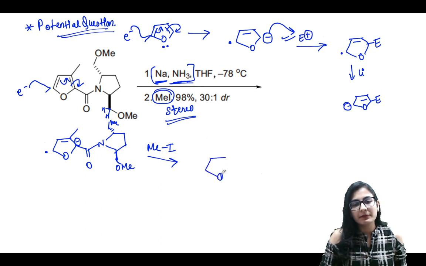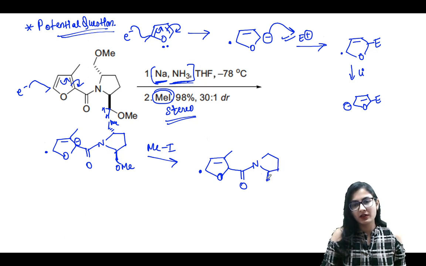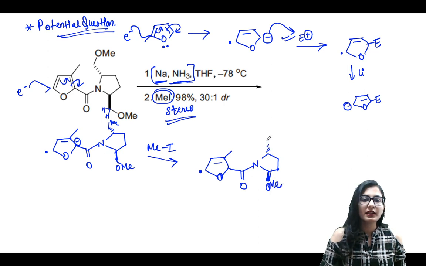We are going to get something like this. This is our radical. There is a double bond over here, nitrogen, and there is already a methyl group, right? So this is going to be OMe, and there is another OMe over here as well.